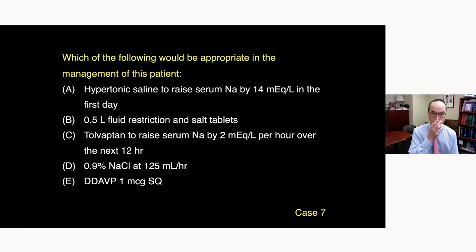Which of the following would be appropriate in the management of this patient? Hypertonic saline to raise serum sodium by 14 milliequivalents per liter in the first day, 0.5 liter fluid restriction and salt tablets, tolvaptan to raise serum sodium by 2 milliequivalents per liter per hour over the next 12 hours, normal saline at 125 mL an hour, or DDAVP 1 microgram sub-Q.